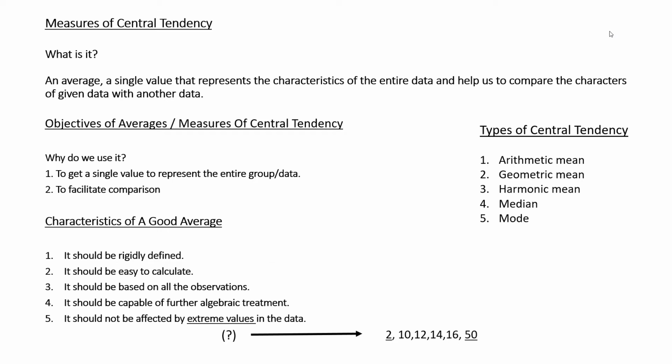Now, how does this work? For example, I want to know the average marks of your class. Now, how can I represent the average marks of your class? I will collect all the marks of all the students and then I will work out an average.